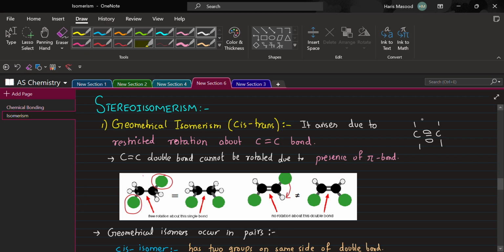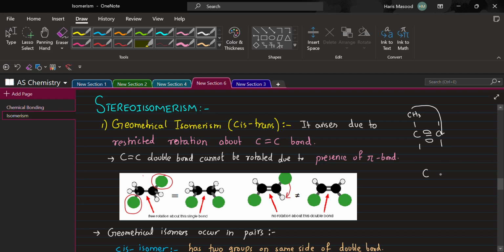Like I want to move this CH3 to this carbon. To move the CH3 to this carbon is not possible here, due to the restricted rotation about the pi bond. So the presence of the pi bond makes the rotation not possible.